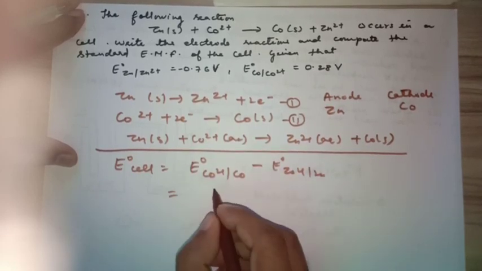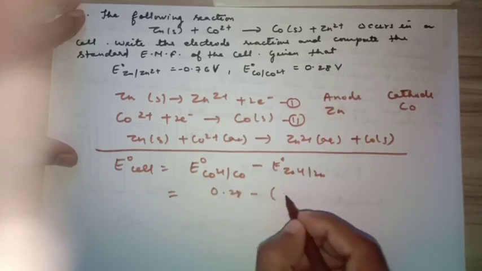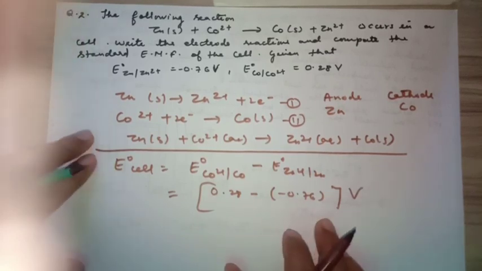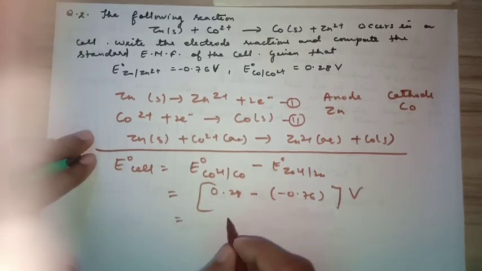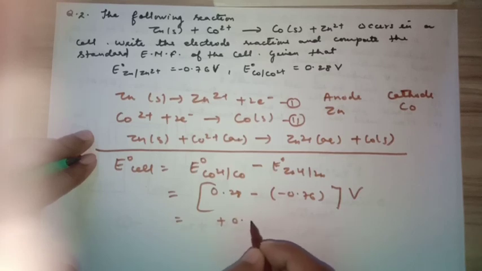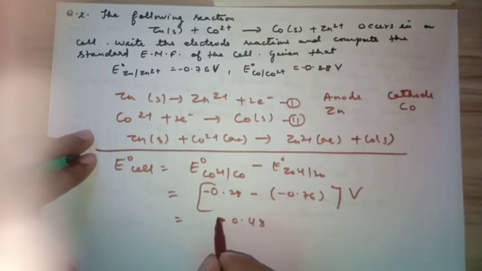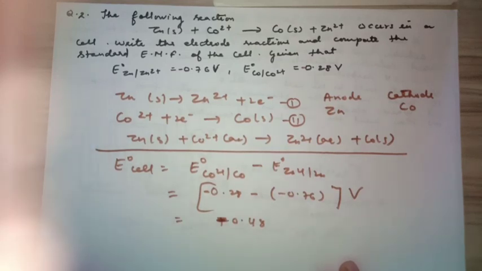So this will be minus 0.28 minus, minus 0.76, and overall it will be a potential difference, that is volt. So we'll be getting plus 0.48 volt.